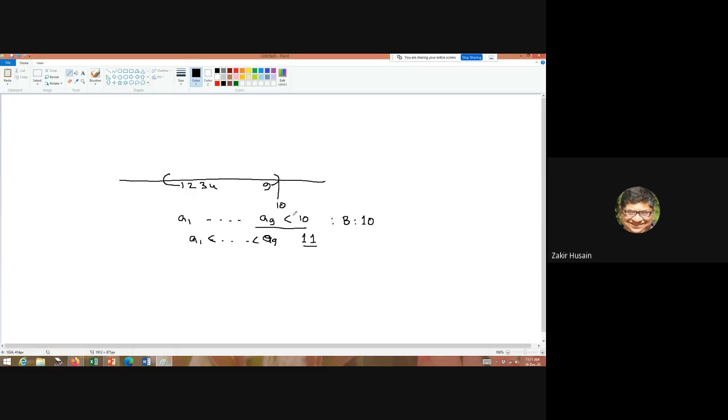Yes, sir. So 11 is also a boundary. 12? Yes, sir. So a set can have a large number of boundaries.